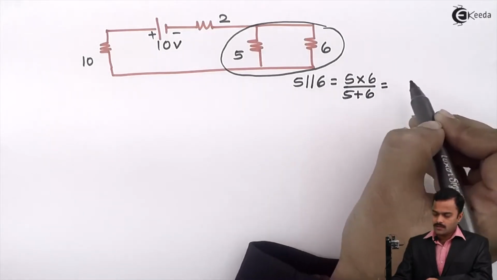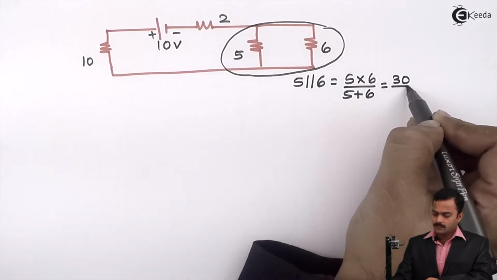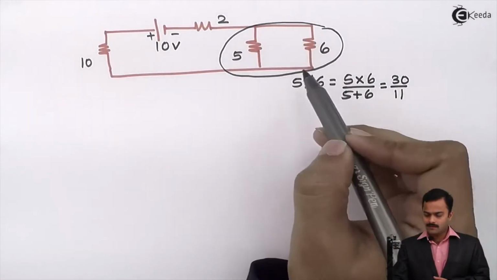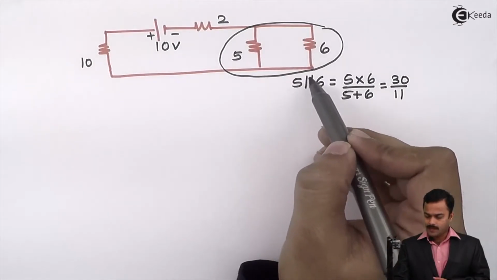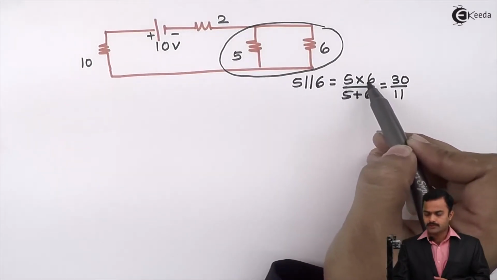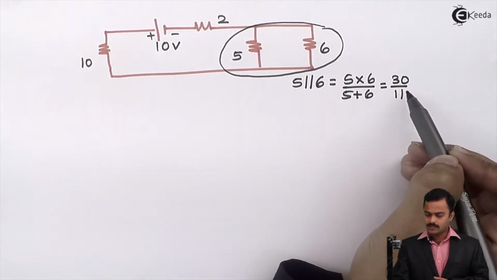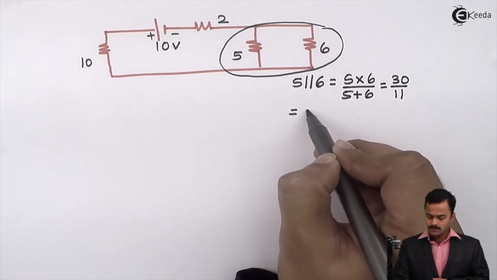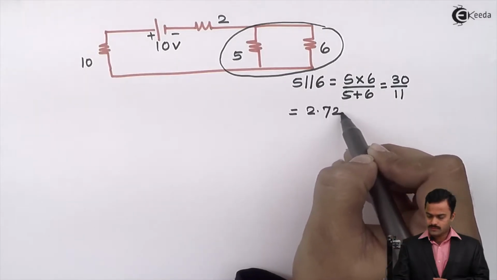If I solve, I will get 30 divided by 11. So 5 and 6 come in parallel, and the equivalent is 5 parallel 6 equal to 5 into 6 divided by 5 plus 6. Actually it is 30 by 11, and if we solve, you will get the answer 2.7273 ohm.